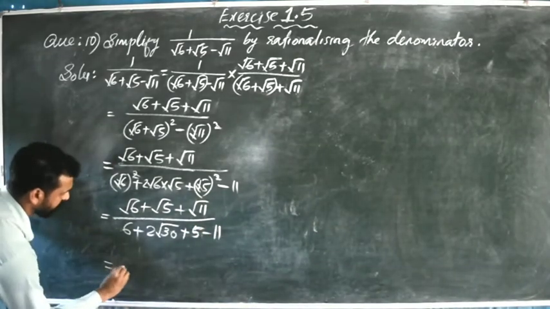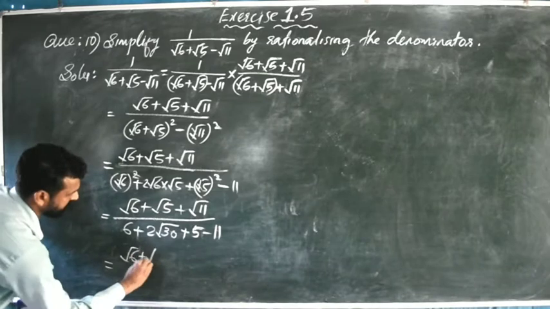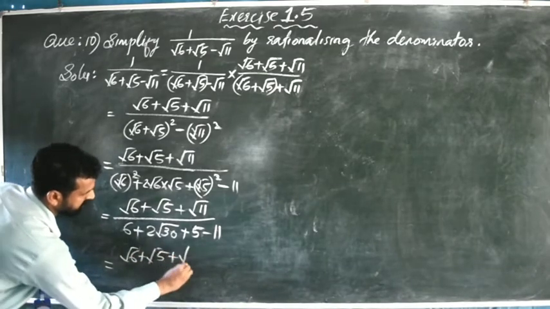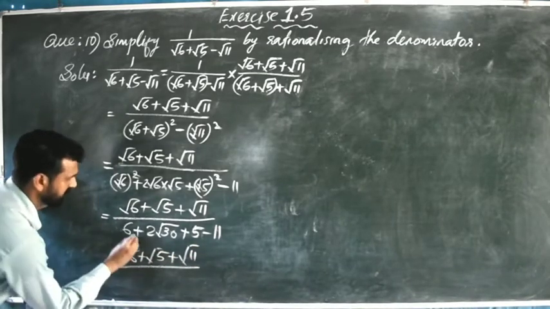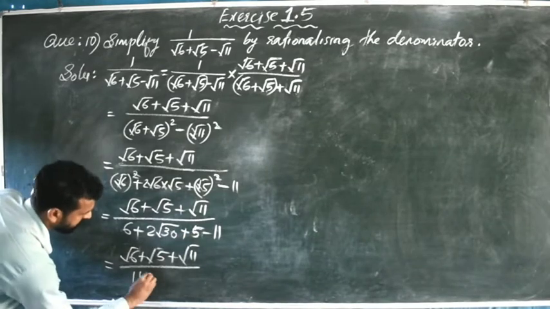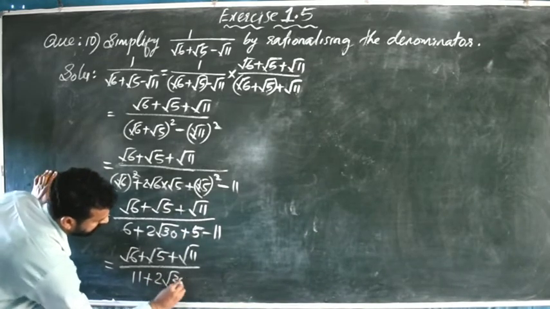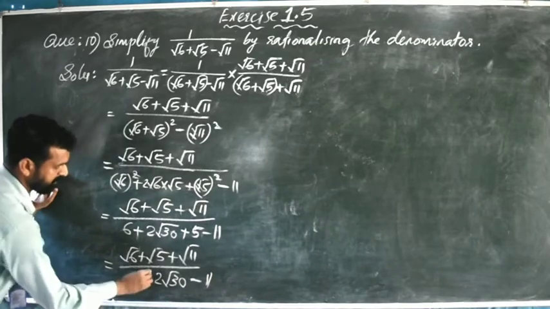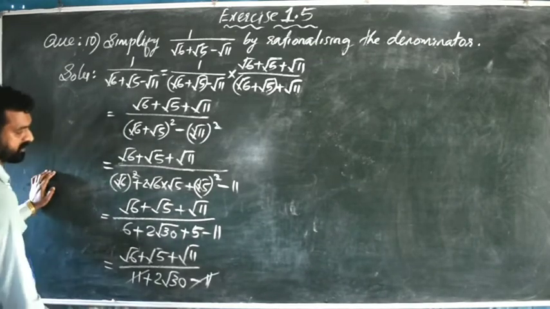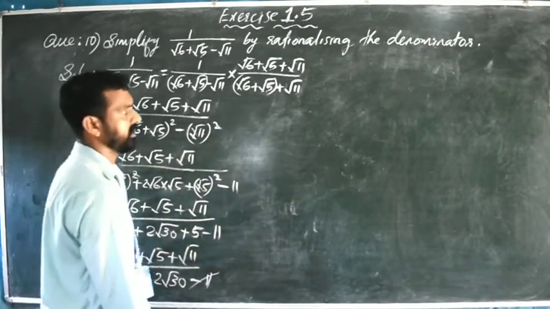That is equal to root 6 plus root 5 plus root 11 divided by 6 plus 5, 11, plus 2 root 30 minus 11. Plus 11 minus 11 we can cancel. 2 root 30 will be there in the denominator.